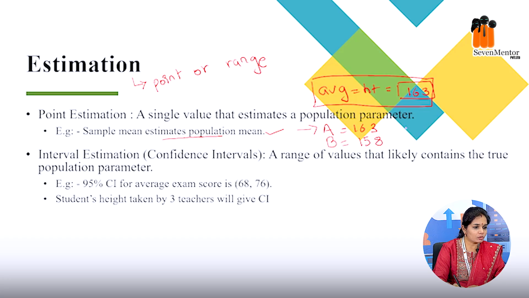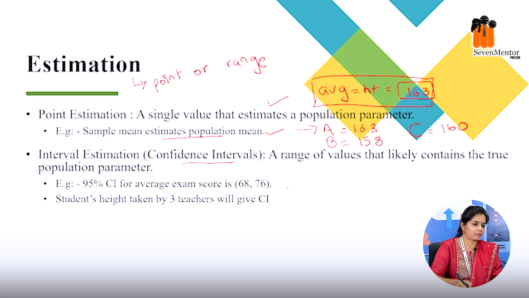Then another sir comes and gets an average height of 160. So is point estimation the correct parameter? No. We can't say 163 is the correct estimation. In this case, the confidence interval comes into the picture.